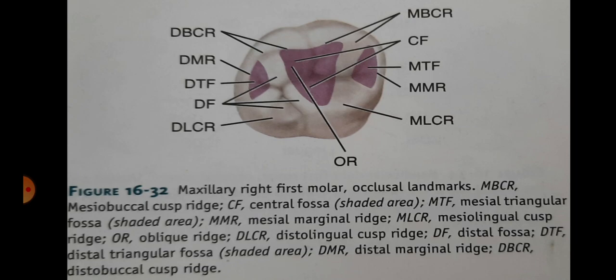DLCR means distolingual cusp ridge, and DF is distal fossa, the shaded area. DTF means distal triangular fossa, the shaded area. DMR means distal marginal ridge, and DBCR means distobuccal cusp ridge.